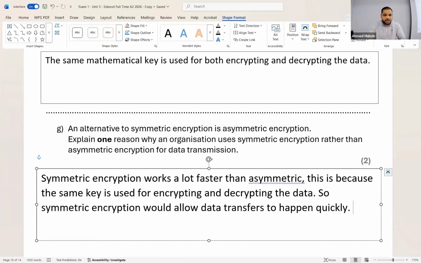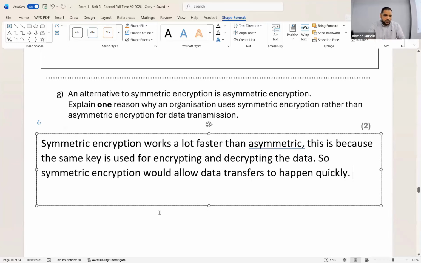Now let's read the marking scheme answers, see for words we never thought of.